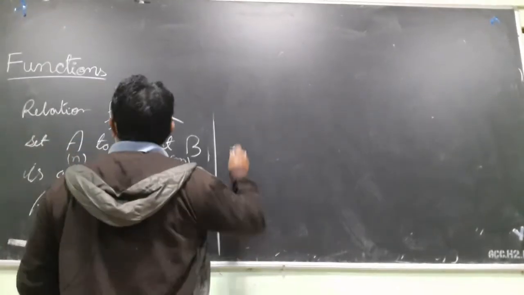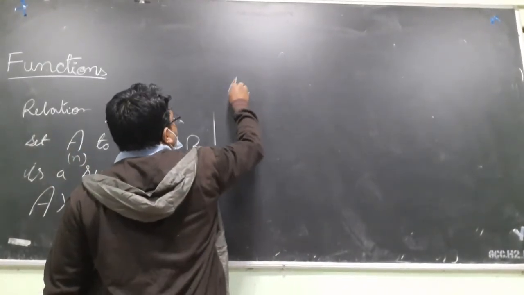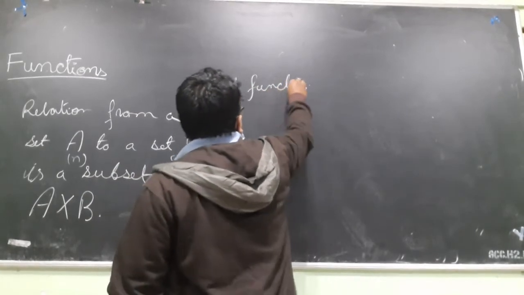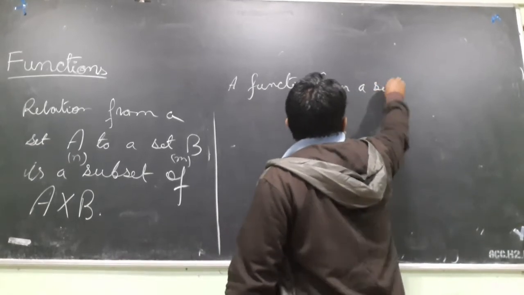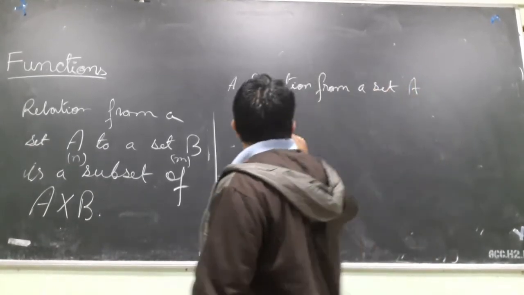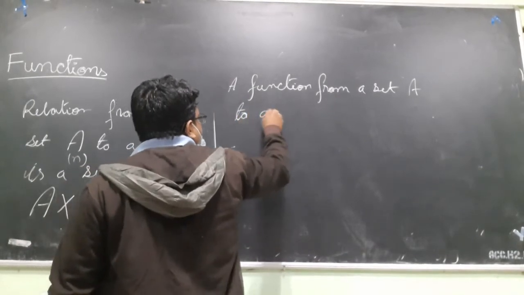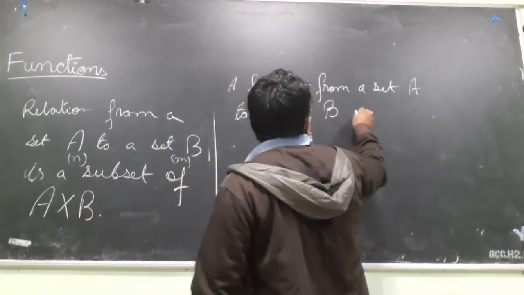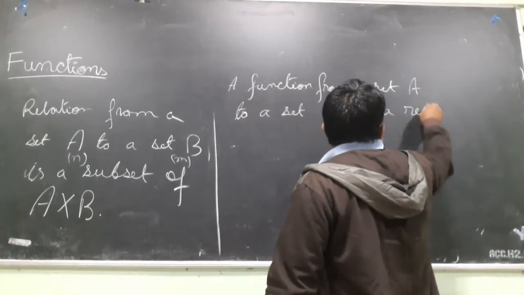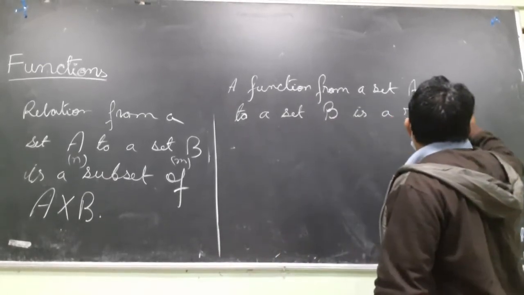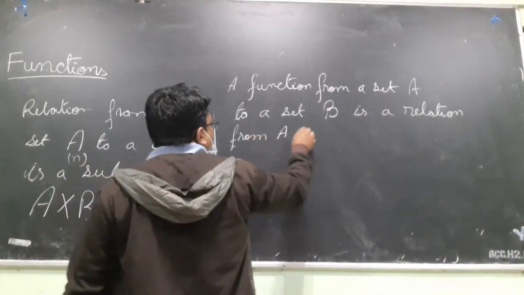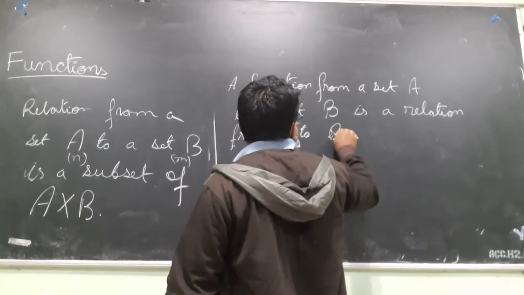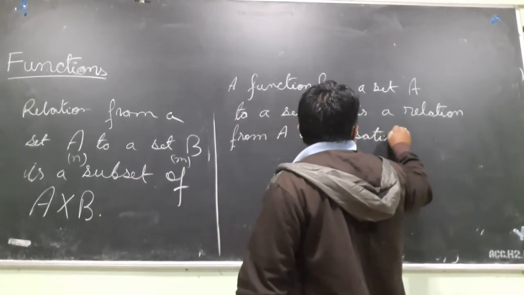So a function is a special type of relation. A function from a set capital A to a set capital B, these are non-empty sets, is a relation from A to B satisfying certain conditions.